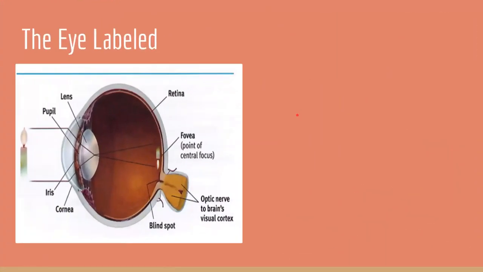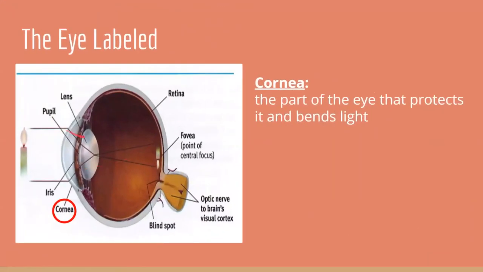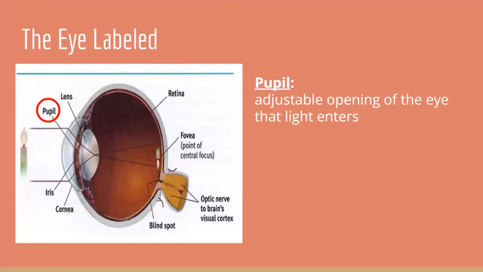All right, so here's the eye labeled. We see the different parts, so let's talk about what they are. The cornea, that's this thing right here. It protects the eye and bends the light. You're going to want to know what all these things do. The pupil is the black part of your eye, and it's the adjustable opening. It gets bigger when it's dark and smaller when it's bright.